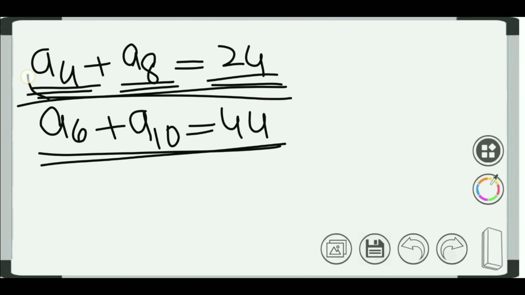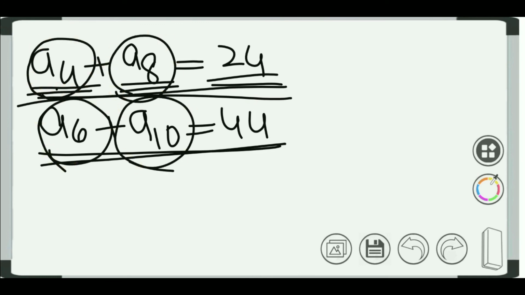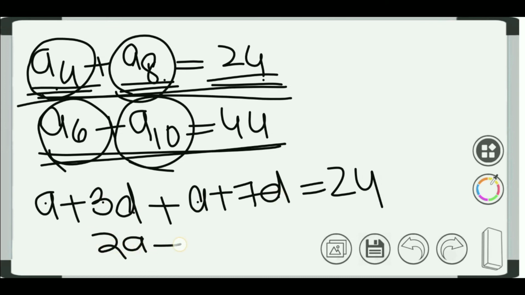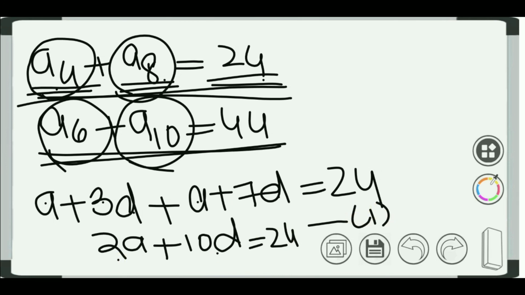Yeah, so you can expand this one: A4, A8, A6, A10. A4 plus A8 is equal to 24. A4 you can write as A plus (4 minus 1) into D, 3D, plus A8 means A plus (8 minus 1) into D, 7D, equal to 24. A plus A, 2A. 3D plus 7D, 10D, equal to 24. This is your first equation: 2A plus 10D equal to 24.